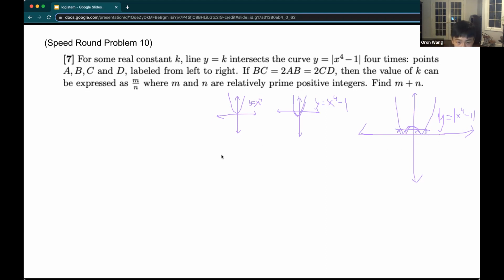And it tells us that BC equals 2AB equals 2CD.